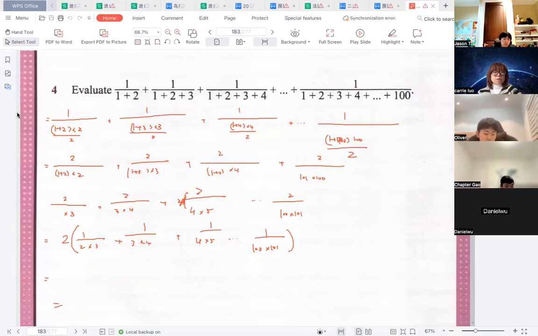So let's take a look at this one. So we have 2. This part, do you understand, Chapter? Okay, so 1 over 2 times 3 equals what? Is it 1 over 6? So 1 over 6 exactly equals 1 over 2 minus 1 over 3.